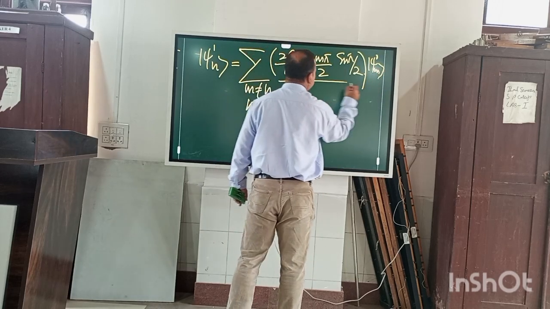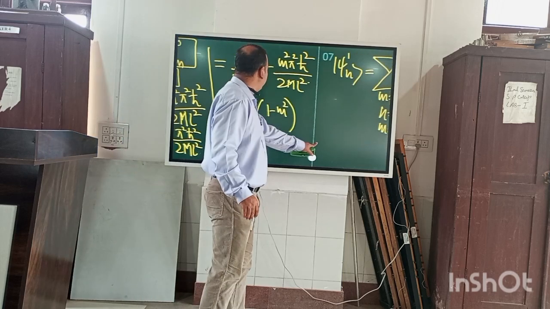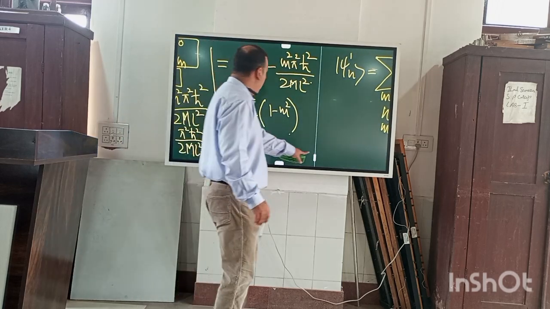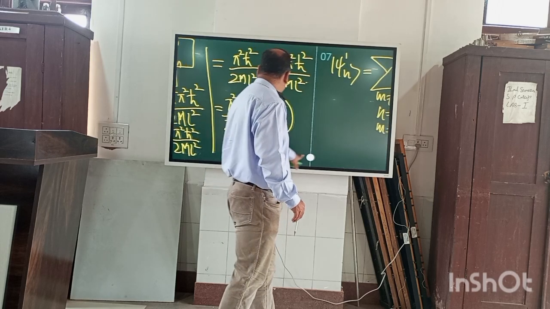So this has to be multiplied by psi m naught, and this whole thing will be divided by En naught minus Em naught.